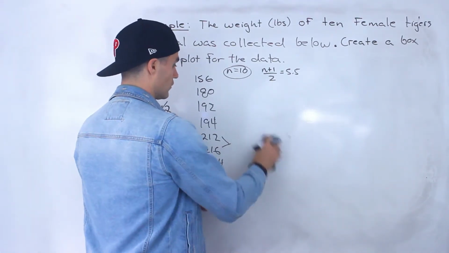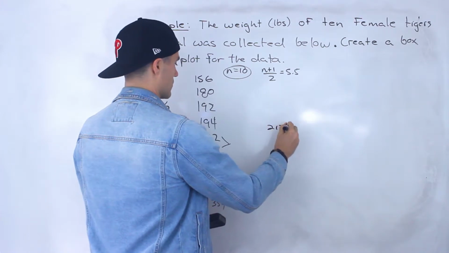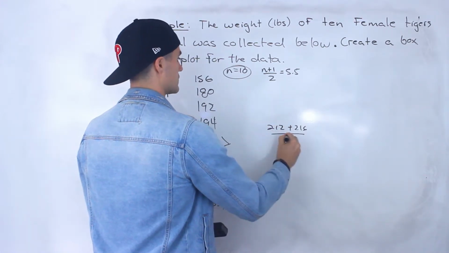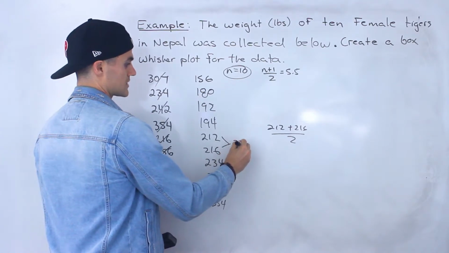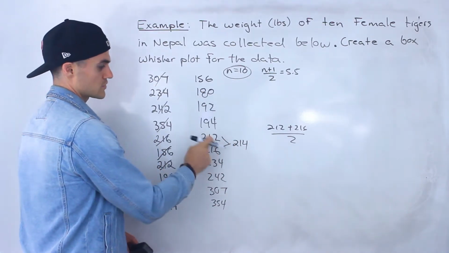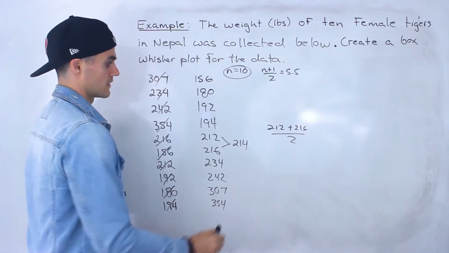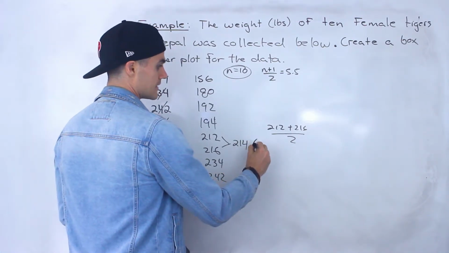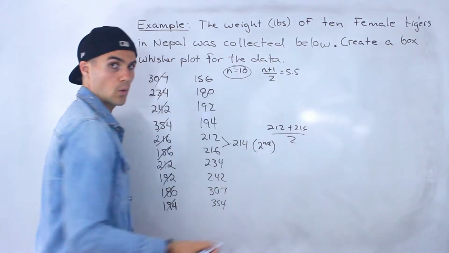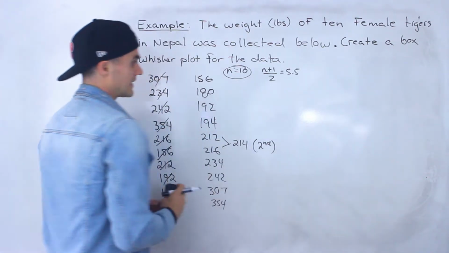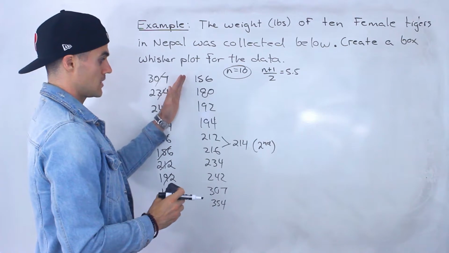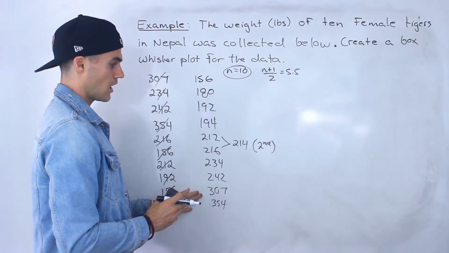So 212 plus 216 divided by 2 is going to equal 214. You could tell easily that 214 is in between those. So that there is the second quartile. And now we're looking at an even number of observations.